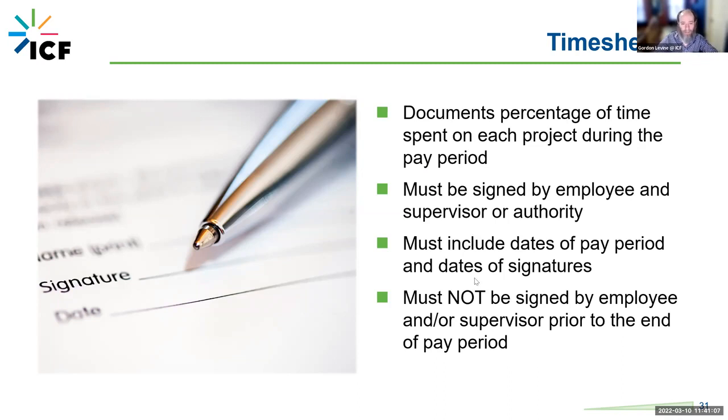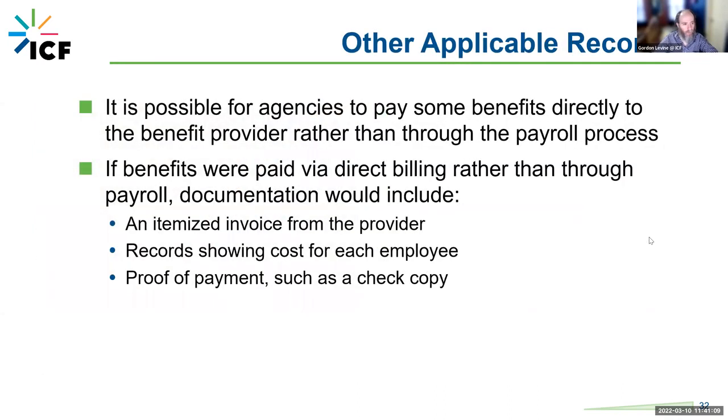So next slide, please. Other applicable records: it is possible for an agency to pay benefits directly through a third-party benefits provider rather than through the payroll process. I've seen it especially in very small agencies that don't have the internal capacity, or very large agencies that recognize benefits from scaling up.